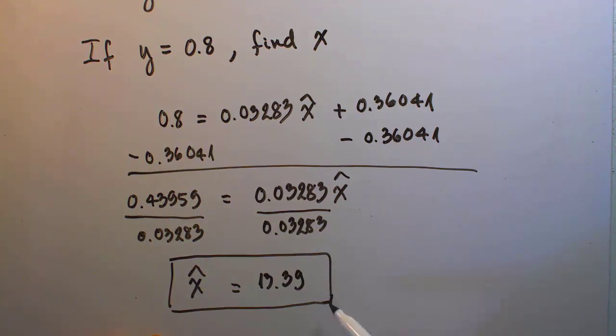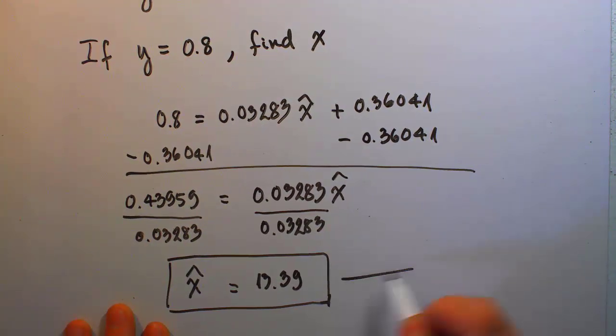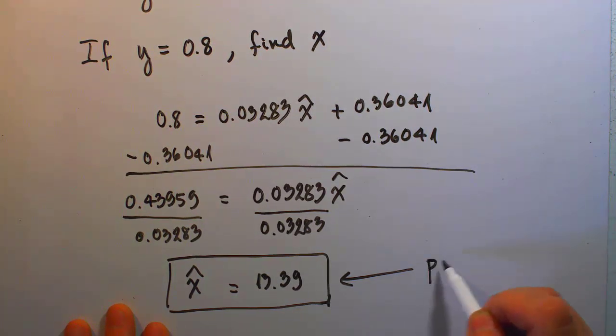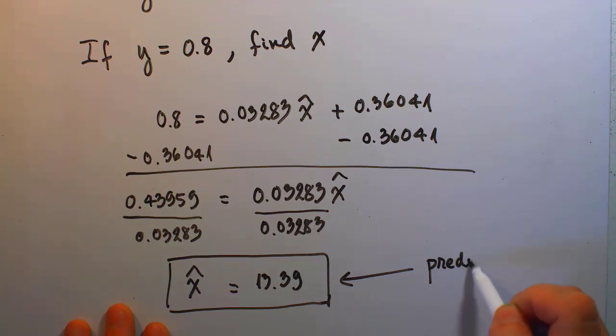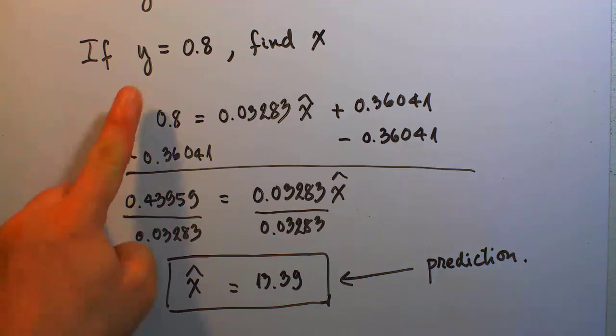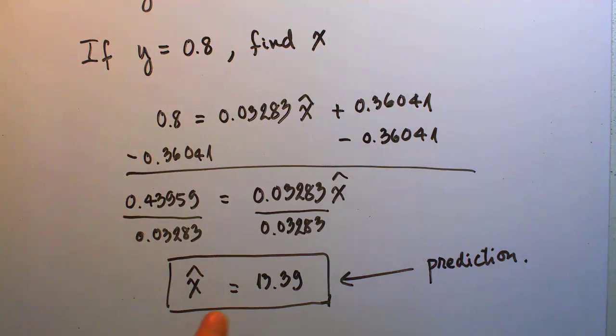All right, and so once again, this answer came out from the equation of the best fit line, and it permanently remains here as a prediction. We predict that when the y value equals 0.8, the x value should come out being 13.39.